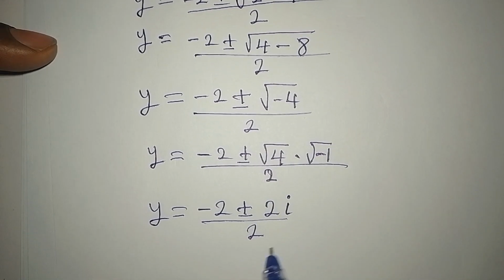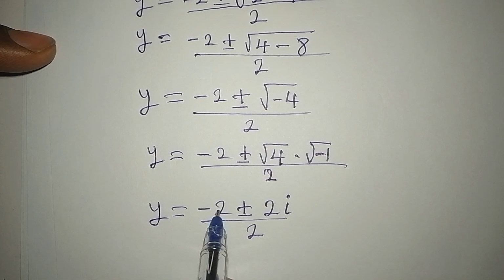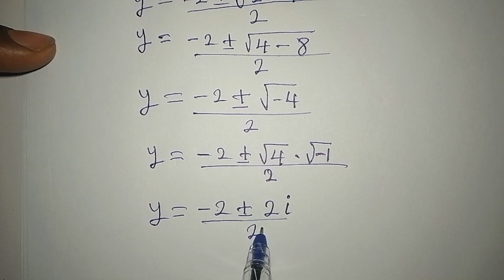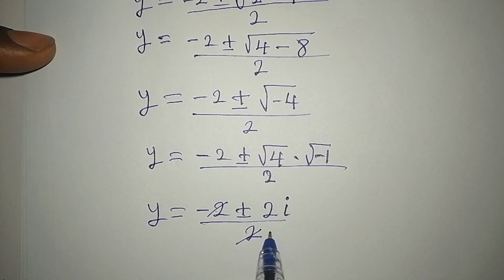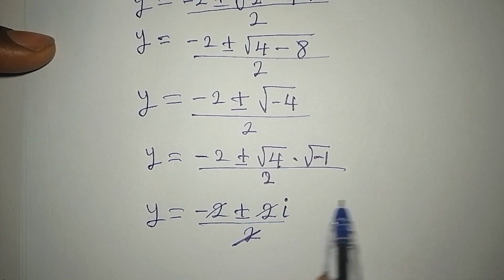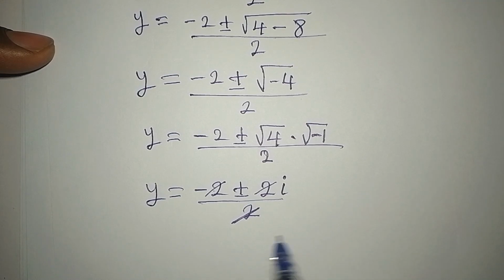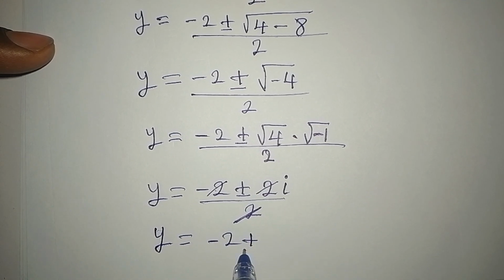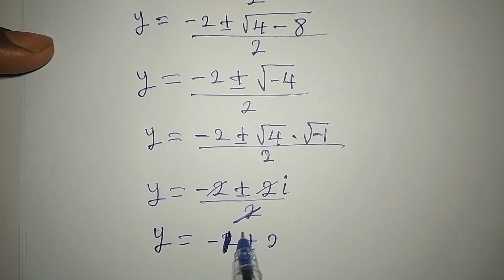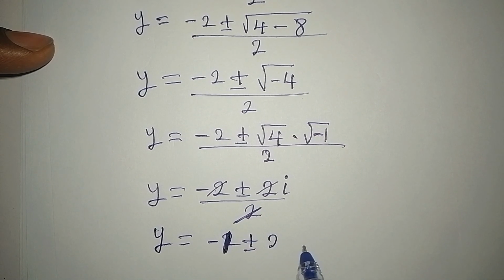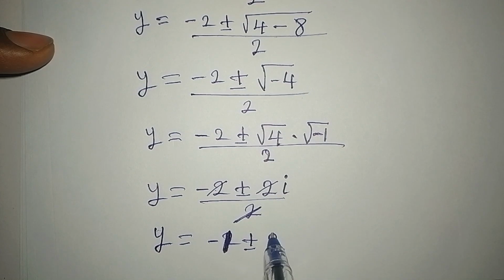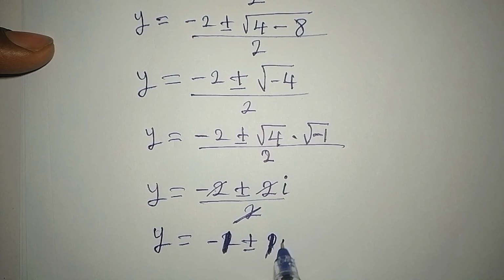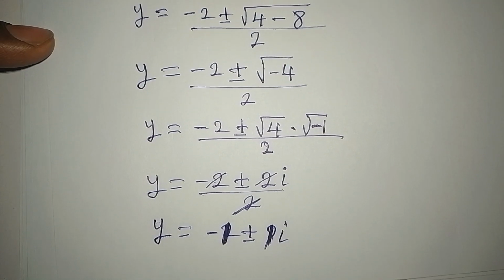Now what happens is that these two can divide this and divide this at the same time. So it goes here one time, the same 2 goes here one time. And this means that y is equal to −2 ± ... 2 has gone into that, we have −1, and this becomes 1 as well, so we have i over there.